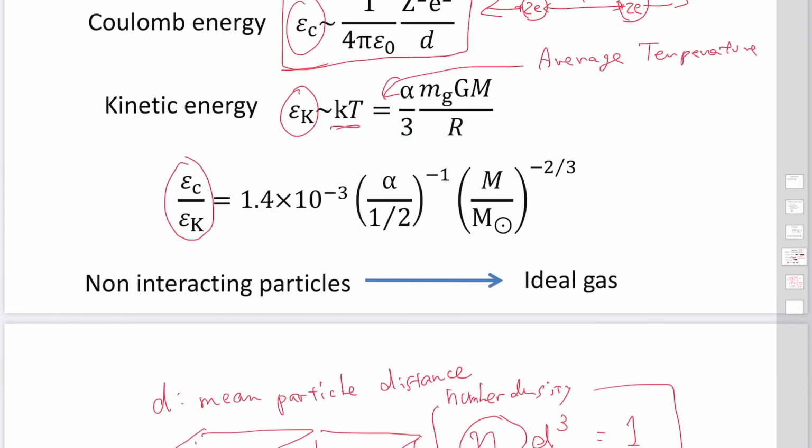If the mass of the star is a solar mass, the ratio is 1.4 times 10 to the minus 3, which is a really small number. So the Coulomb energy is much smaller than the kinetic energy. This means we don't have to take the Coulomb interaction into account, so we can safely use the ideal gas assumption. Okay, this is the end of this session.